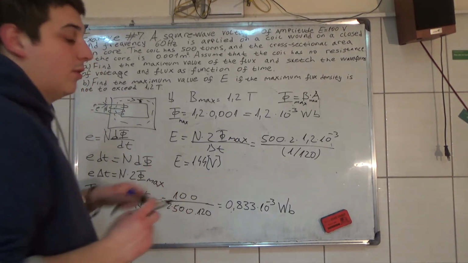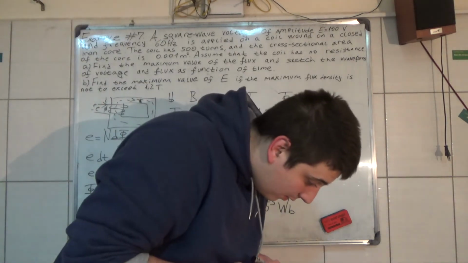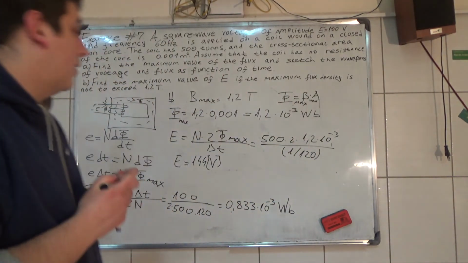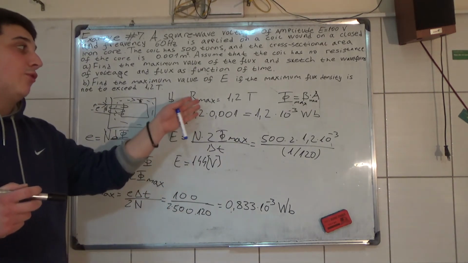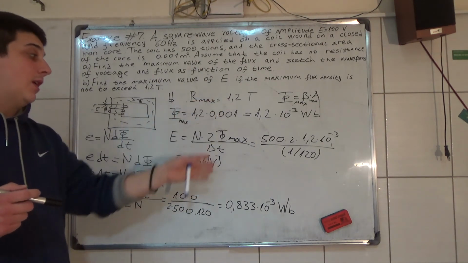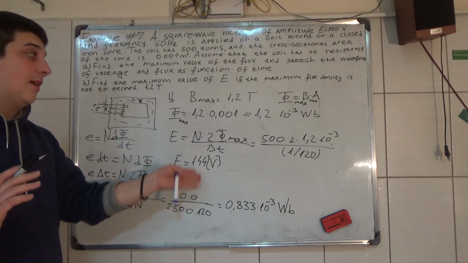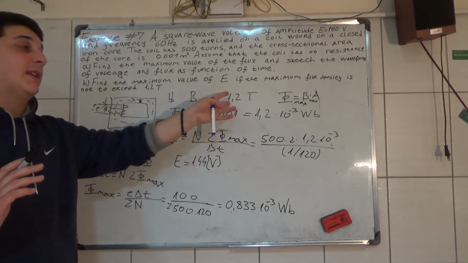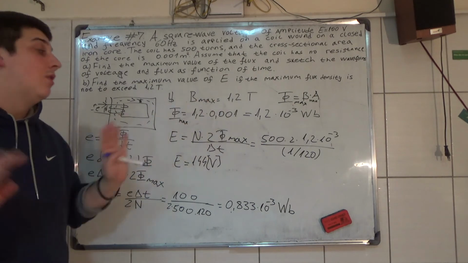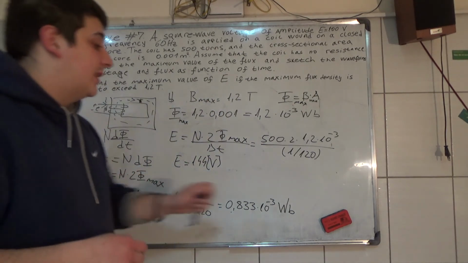So this is the maximum value of the voltage that we can have so that we won't exceed this value. Okay, so that's for this example.